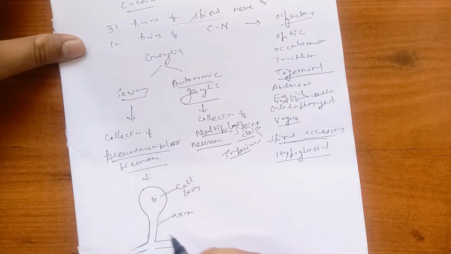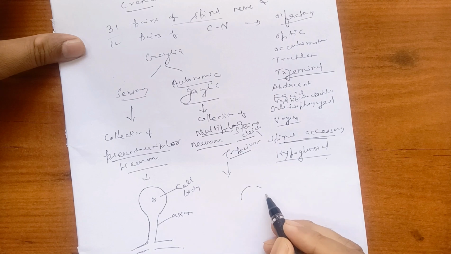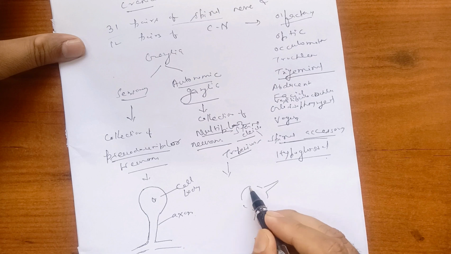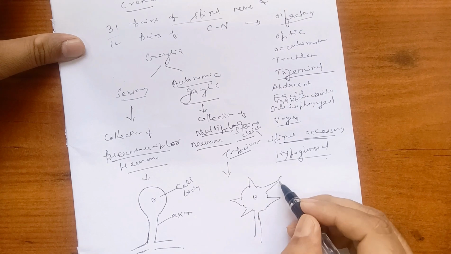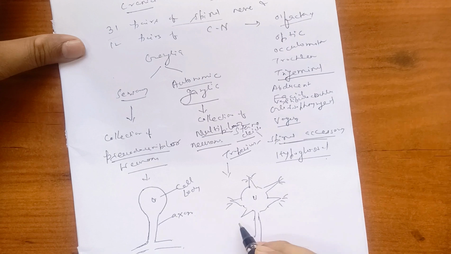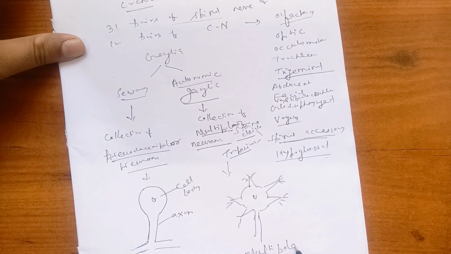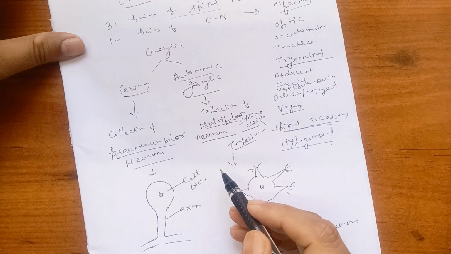That is the pseudo-unipolar neuron. And the multipolar neuron has the cyton with many dendrites and a single axon, and here is the nucleus. These are the multipolar neurons present in the autonomic ganglion. So the two types are the pseudo-unipolar sensory ganglia and the autonomic ganglia.